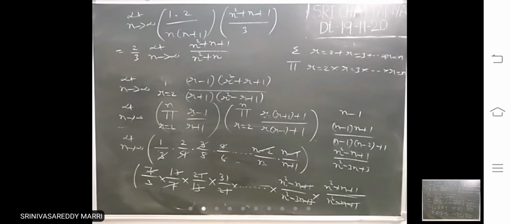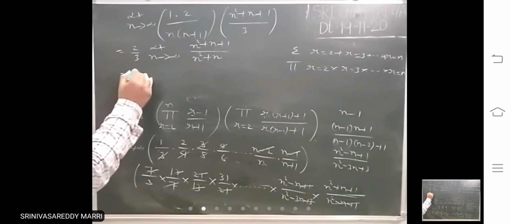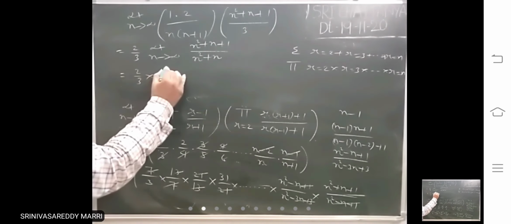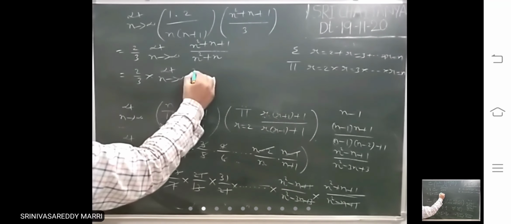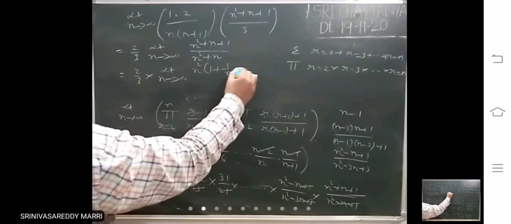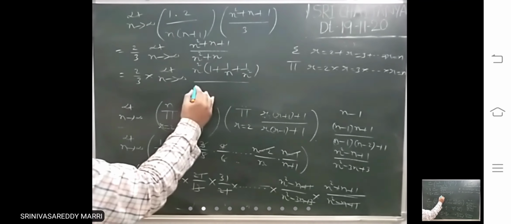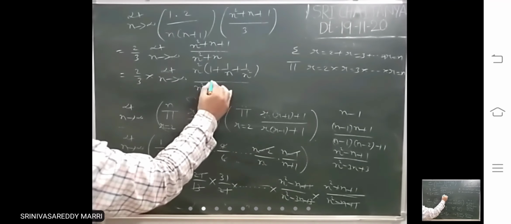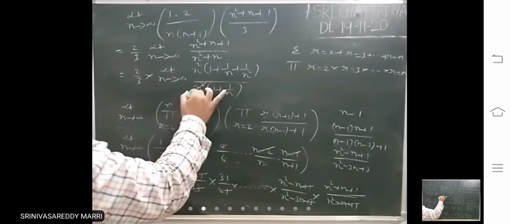Now highest degree you take common. If you take highest degree common, that is nothing but 2 by 3 into limit n tends to infinity, n square if you take common, 1 by n plus 1 by n square divided by n square into 1 plus 1 by n.